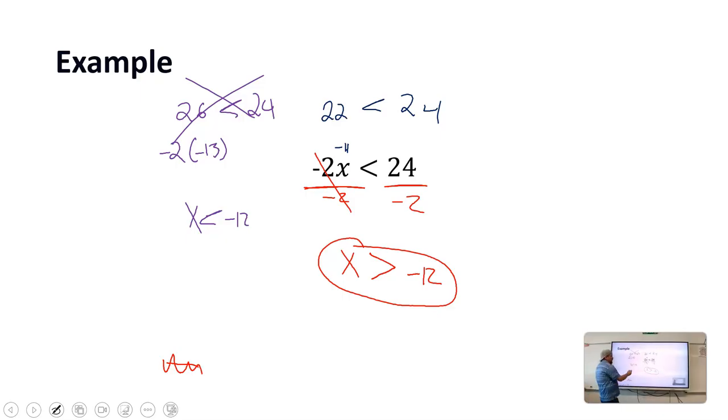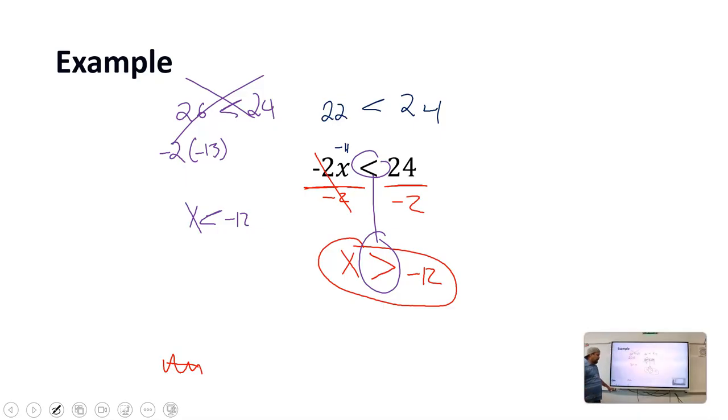So see, it doesn't work if I didn't flip the sign. So make sure whenever you divide or multiply by a negative, your signs have to switch directions, because we're switching a positive to a negative or a negative to a positive whenever we multiply or divide by a negative.